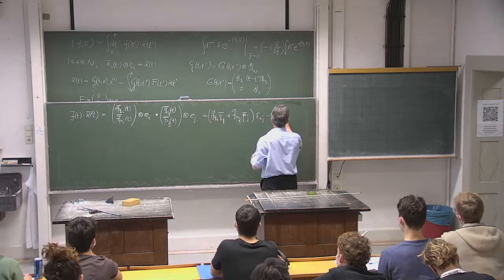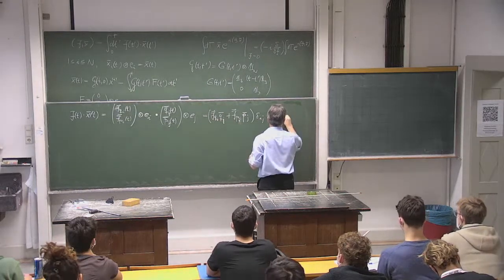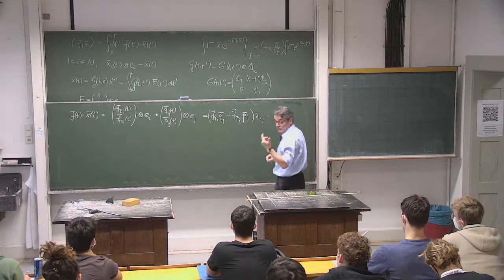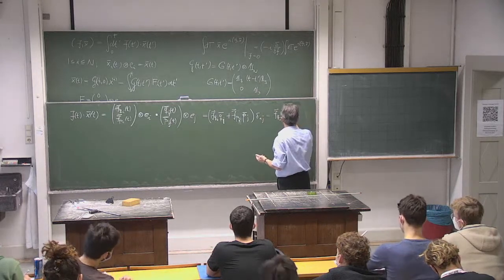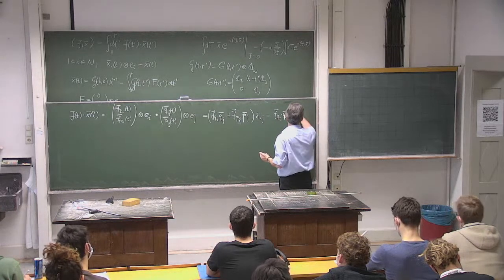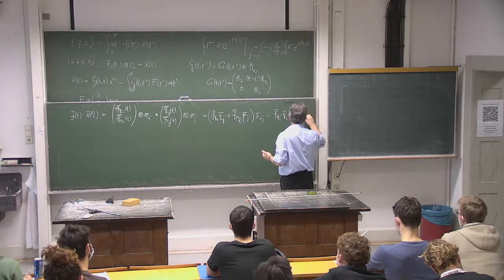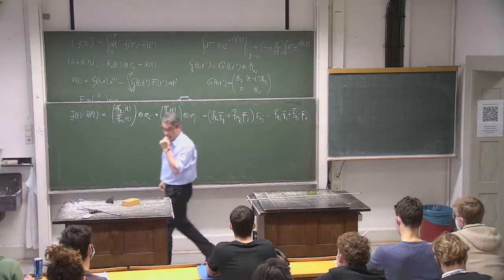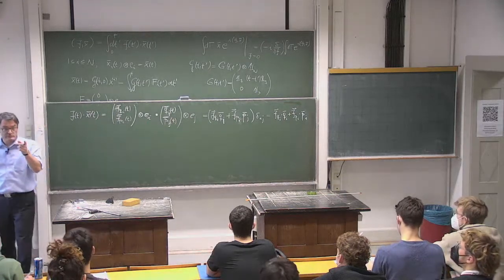So this is J_q,i, now just the Euclidean scalar product, q bar_i plus J_p,i times p bar_i. Okay? There was a question somewhere.